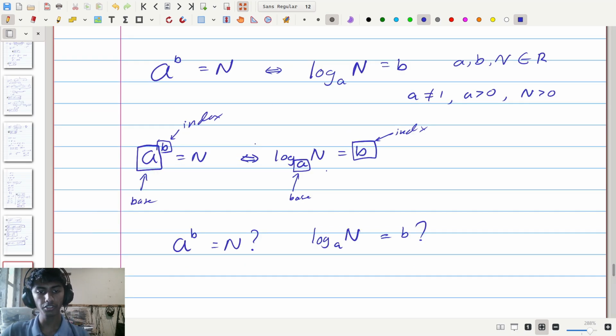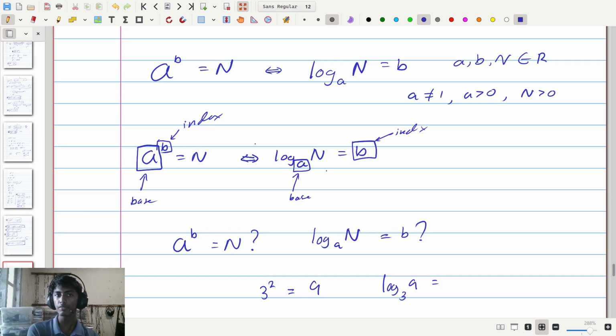If you tell me what's 3 to the 2, I'll tell you that you want me to find out 3 times itself 2 times is equal to what? In which case I'll write 9. But if you ask me log base 3 of 9, the question you're asking me is, what power do I have to raise 3 to in order to get 9? So I hope you understand it's the same exact expression.